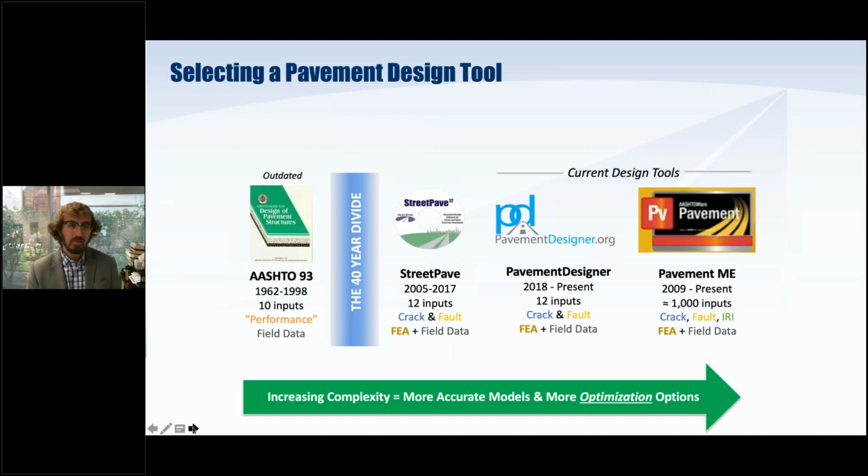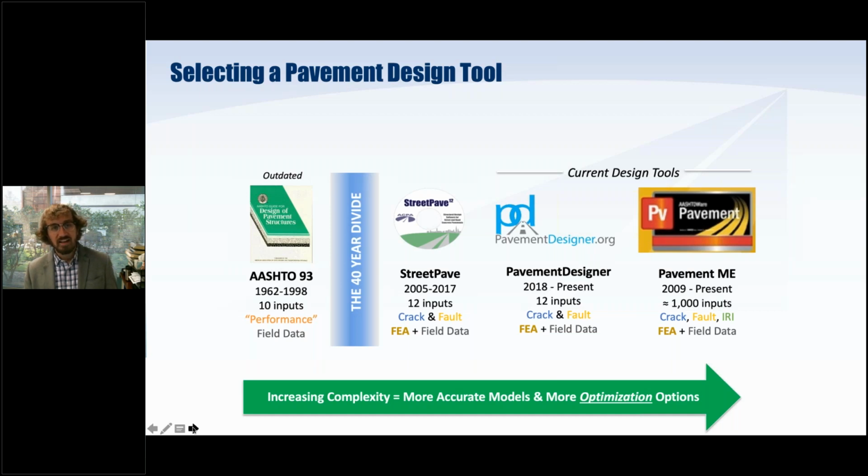I bring up those three because it's important to understand the differences between them. The biggest difference is that the AASHTO 93 design guide, as you can guess from the name, is from 1993. So it's already about 27 years old, but it's actually older than that because it's really based on the AASHTO road test in the late 1950s, early 1960s.